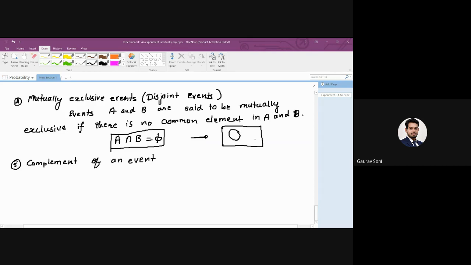There is no common point between A and B as we can see here, and there is this sigma. Complement of an event. It is a set of outcomes which are not included. Yeah. So complement.